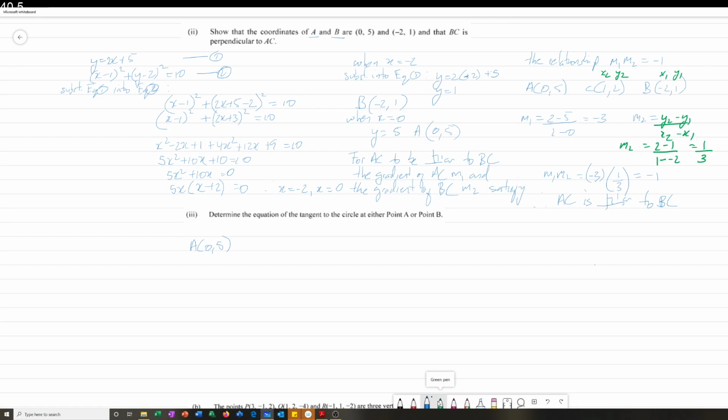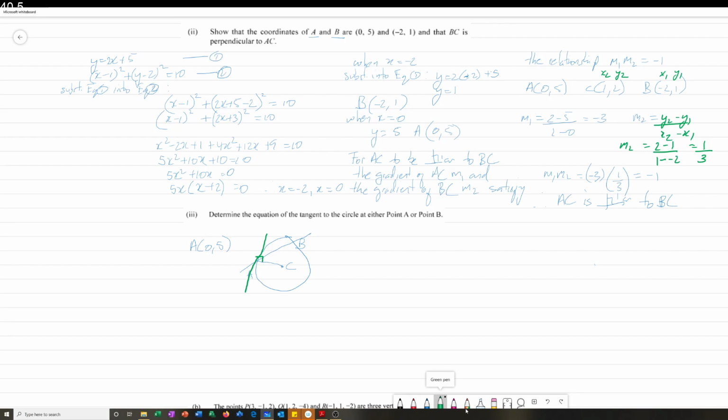Now we just proved that AB. So let us draw something. I mean, it's better to see it if we draw. So we have a circle, center C, and this is the line AB. So if I were to draw a line through here, then they want the tangent to the circle at point A. So if I were to try my best to draw a tangent, this tangent would be 90 degrees to there.